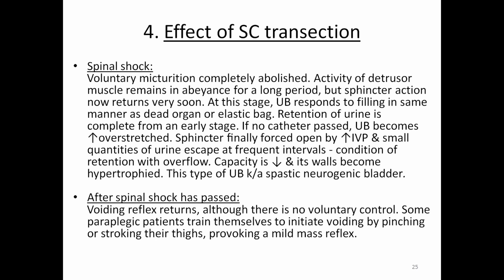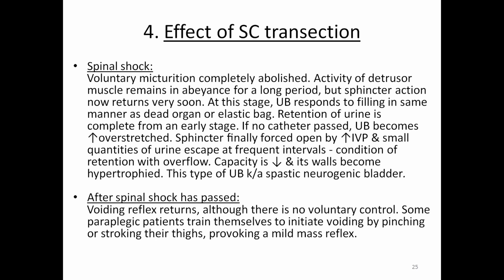If no catheter is passed, the bladder will become increasingly overstretched. The sphincter is finally forced open by a high intravesical pressure and small quantities of urine escape at frequent intervals, and that condition is called retention with overflow. Then what else happens?